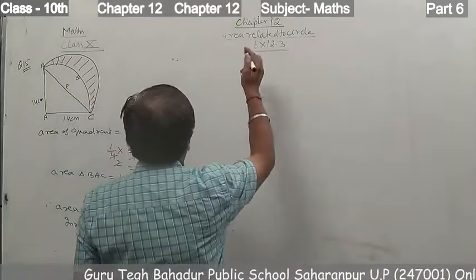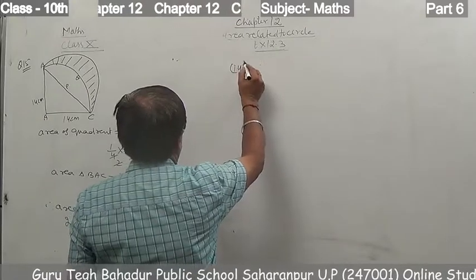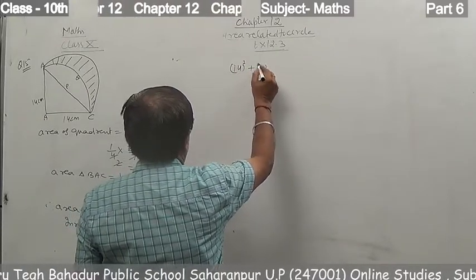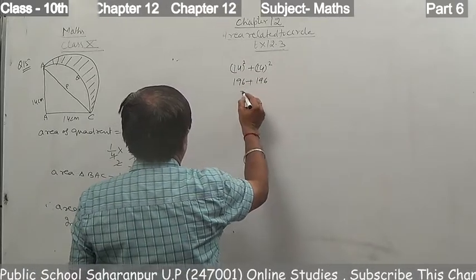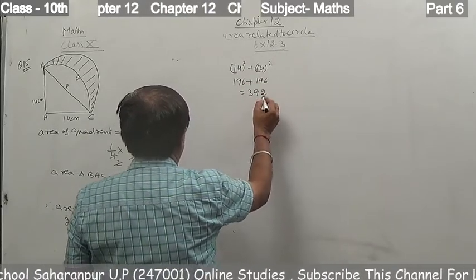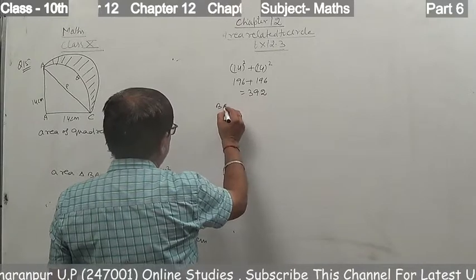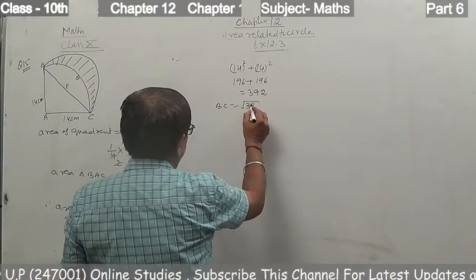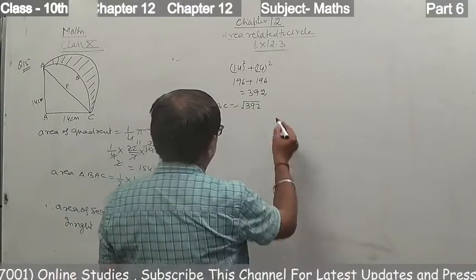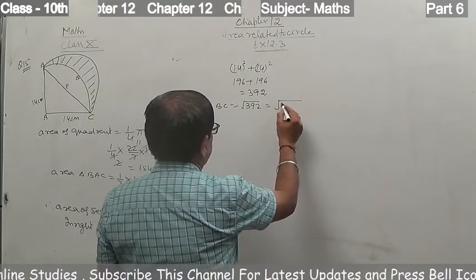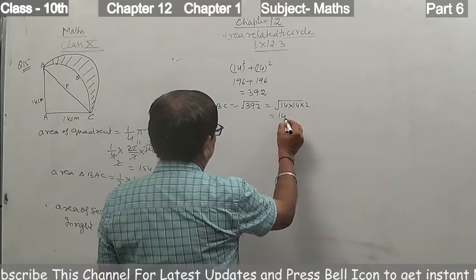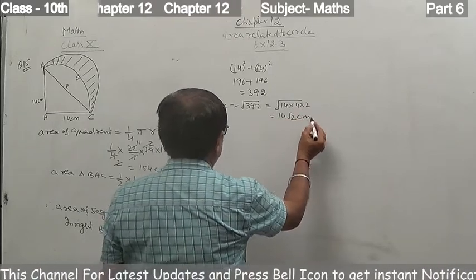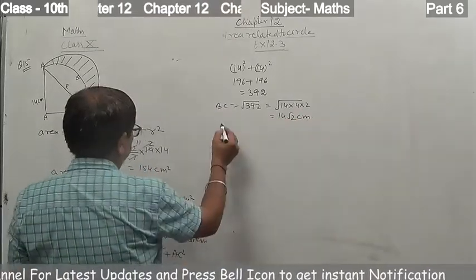BA is 14 square plus 14 square, 196 plus 196, that is 392. So BC is square root 392. Its factor will be again 14 into 2, that is 14 root 2 centimeter.